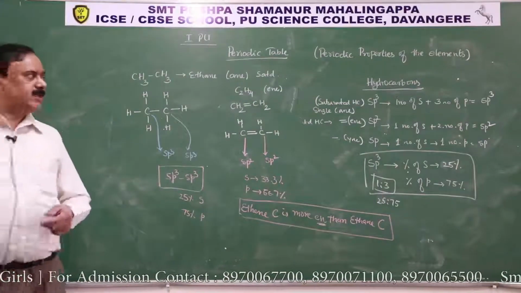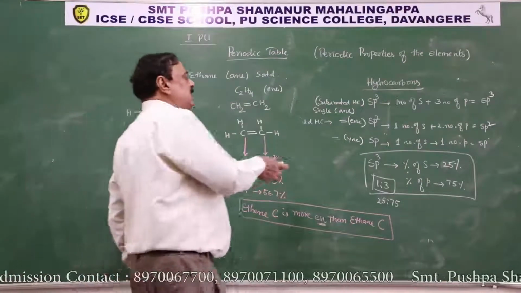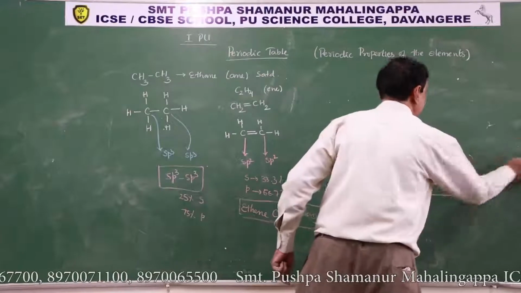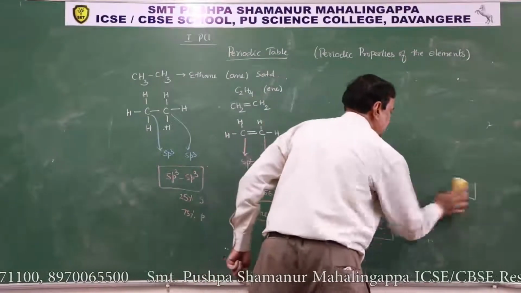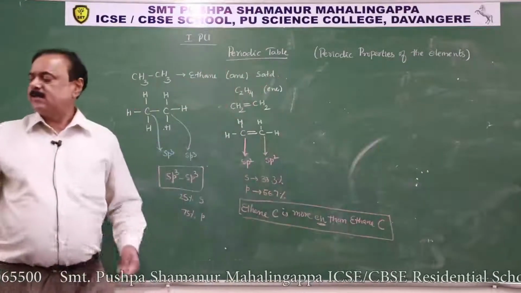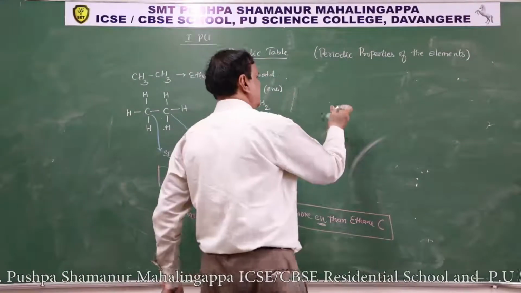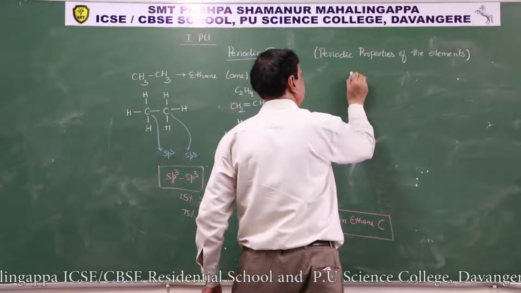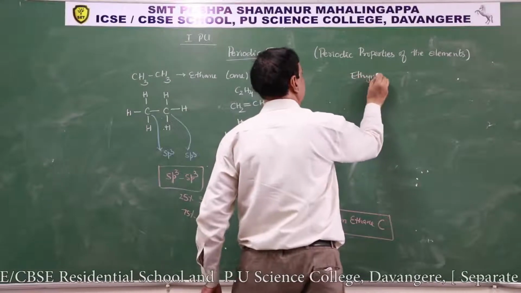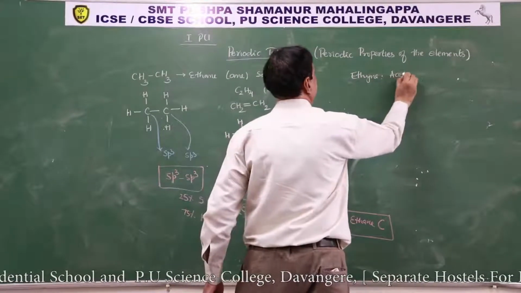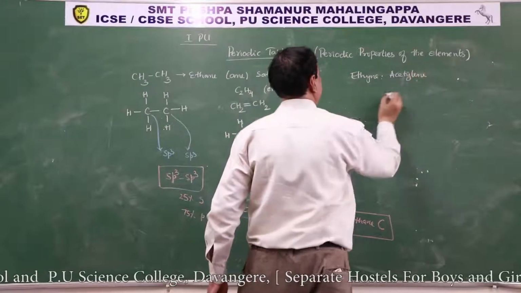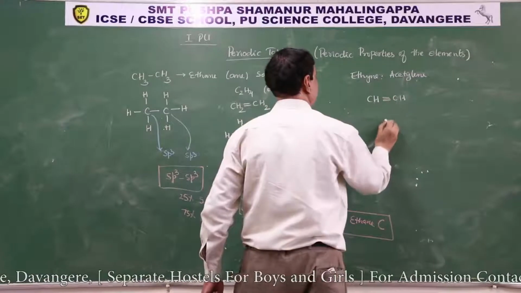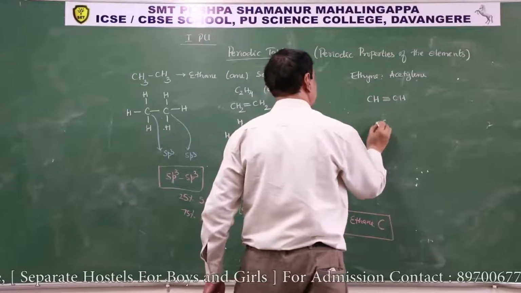And one more thing that you have to remember, in case of ethyne molecules, ethyne means acetylene, CH triple bond CH.